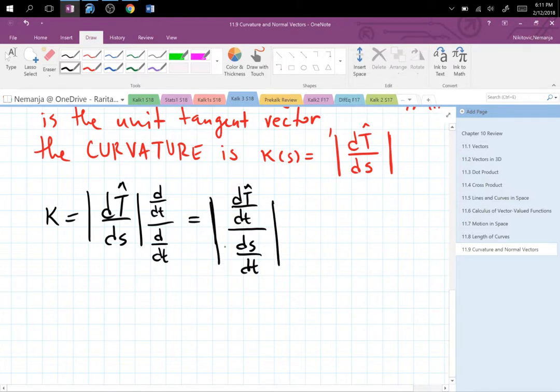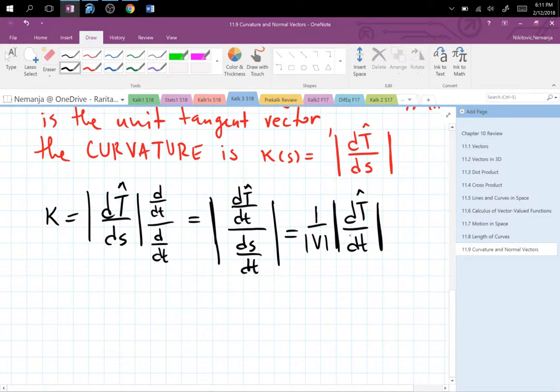There we go. Much better. And this becomes 1 over velocity times the change in the tangent vector over time.